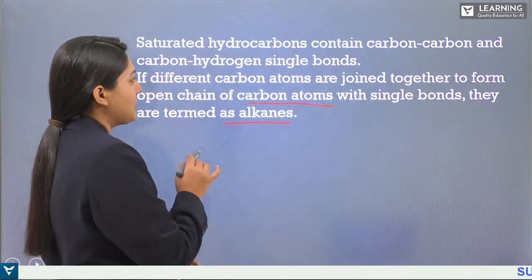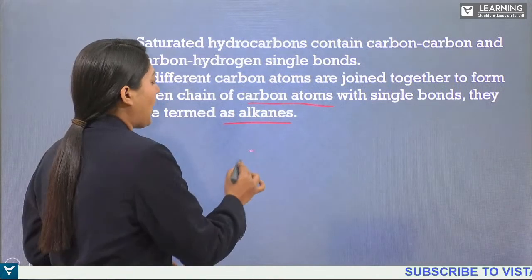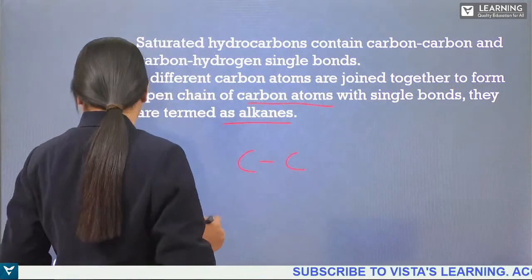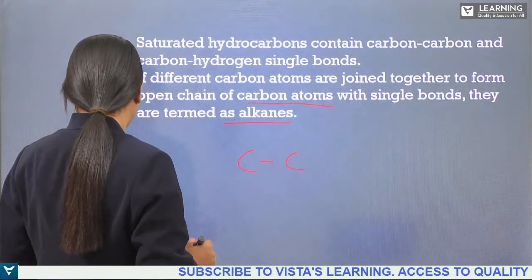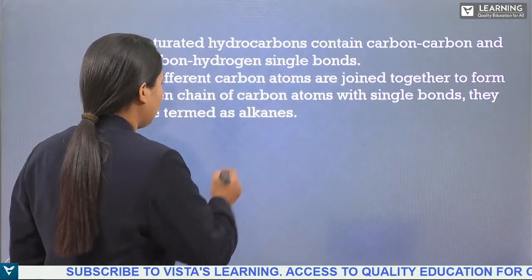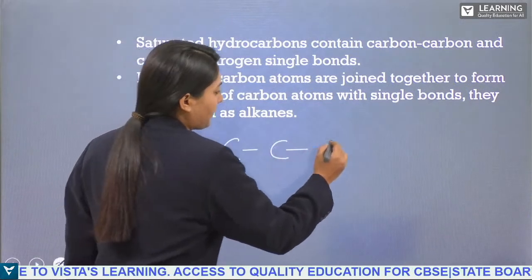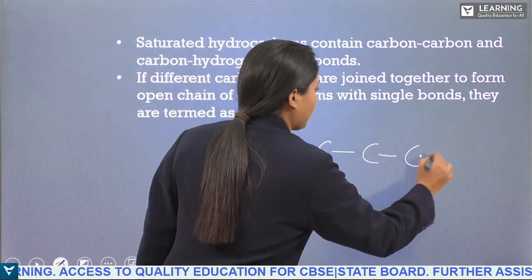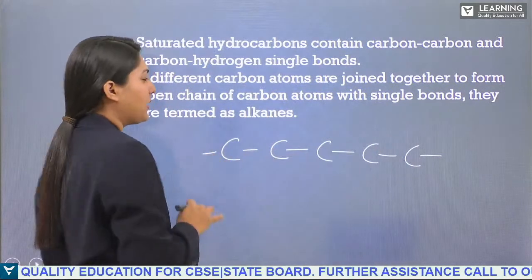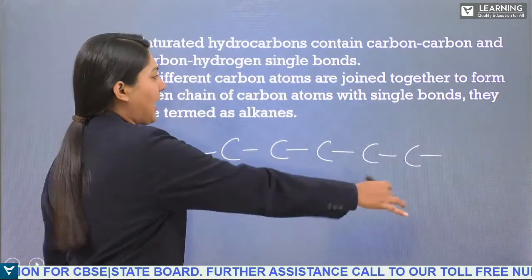So under saturated, if you have single carbon bonds in a long chain, however many carbons you want, you can just add on.